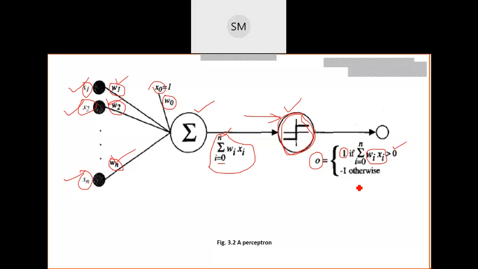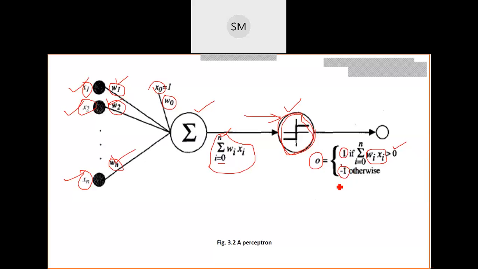If the summation of the multiplication of these weights and inputs is less than 0, meaning it is a negative value, then obviously the output will be -1. So the only two possible output values for every perceptron are +1 and -1.